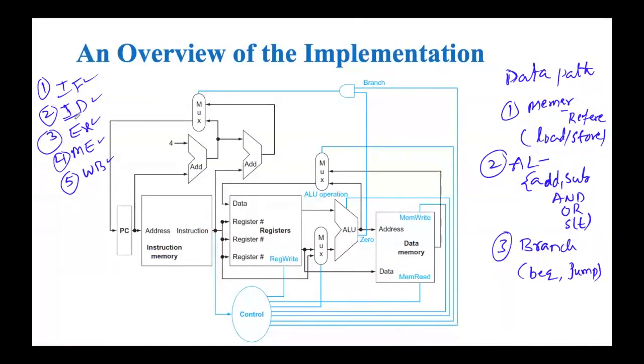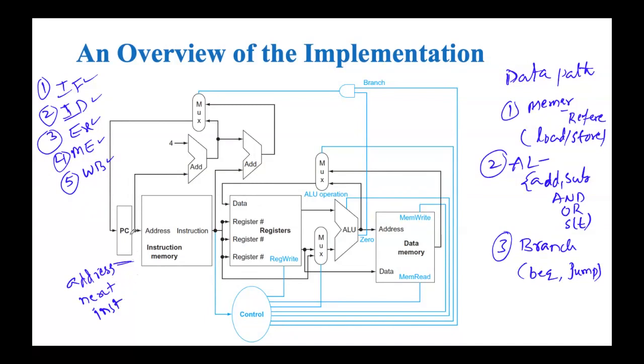In all these cases, what are the different components involved in the data path stage? First and foremost is the program counter. We know that the program counter is used to hold the address of the next instruction.